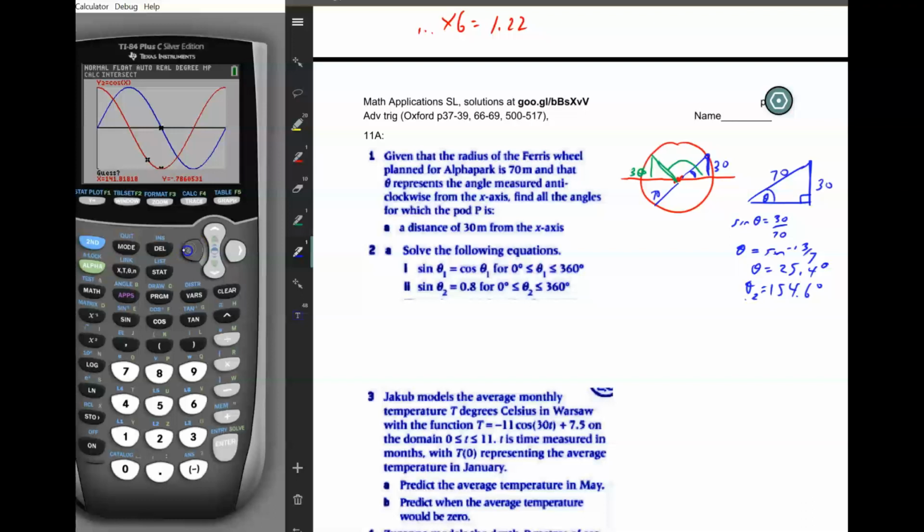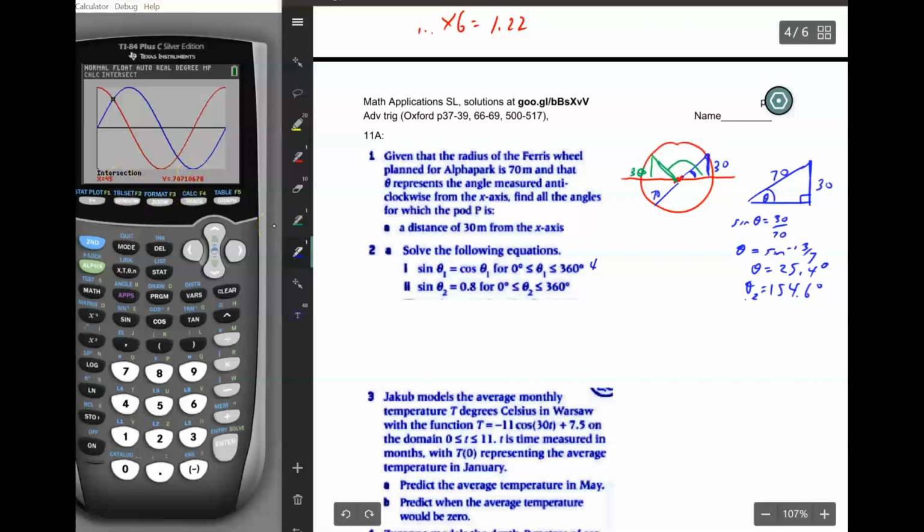You can type in a number here. I'm going to type in like 50. Okay, and there's my guess, and then the intersection turns out to be 45, 0.707. So the theta value is the x value, so it would be 45. Okay, so the first answer is 45, and then the second answer would be over here to the right side.